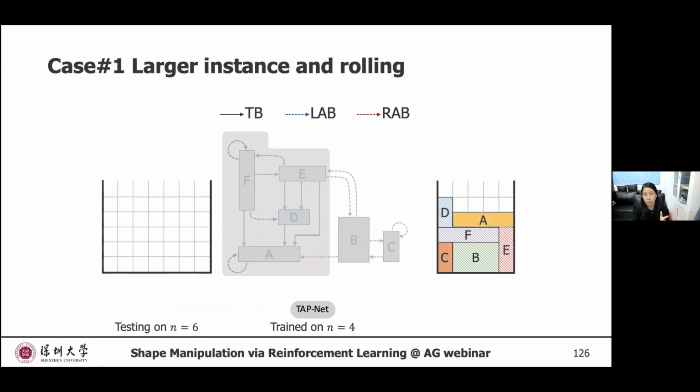So this is one way to deal with a larger instance with more objects than the ones we trained on. Another way is to modify our encoder. Previously, our encoder was a CNN, so it takes a fixed size of input.